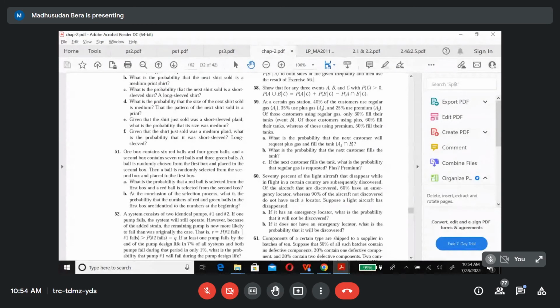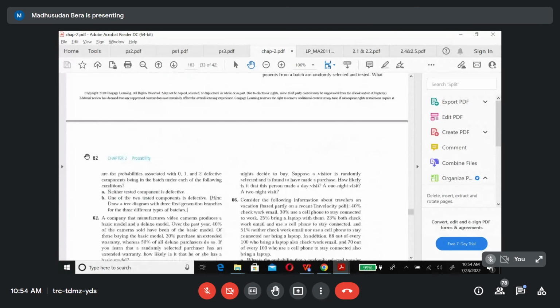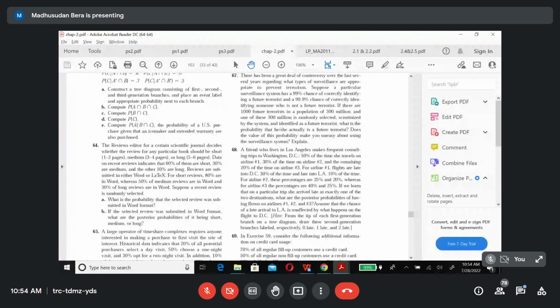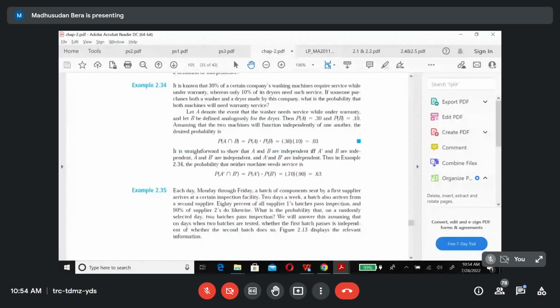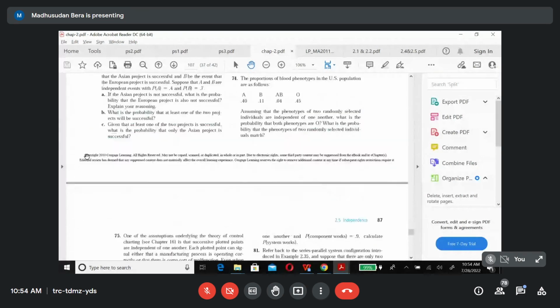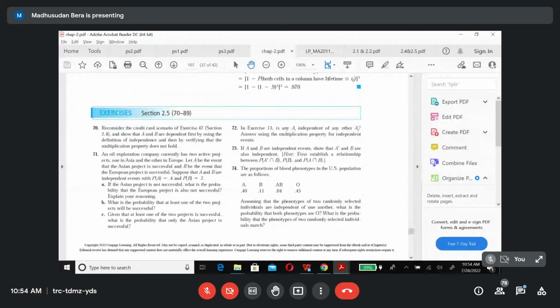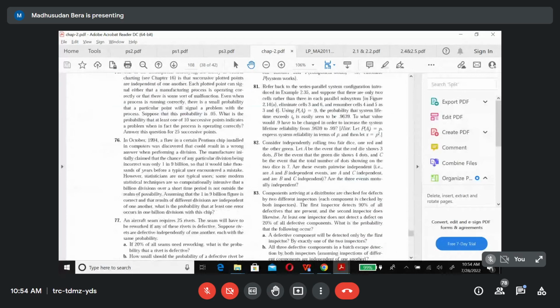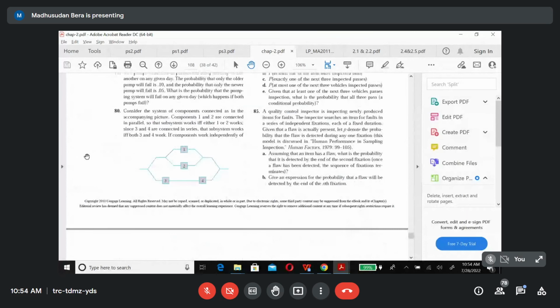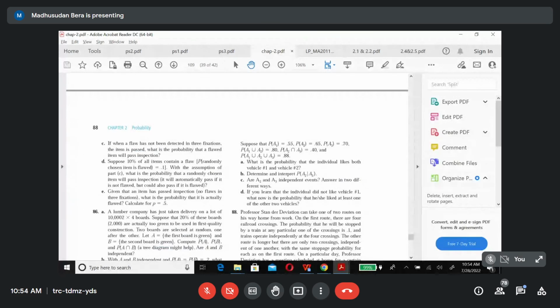Many questions are done here on Bayes theorem, conditional probability, total law of probability, which are in 2.4. Then 2.5 also has many questions. Next class mainly we will solve questions on that, then we will go to the new chapter.